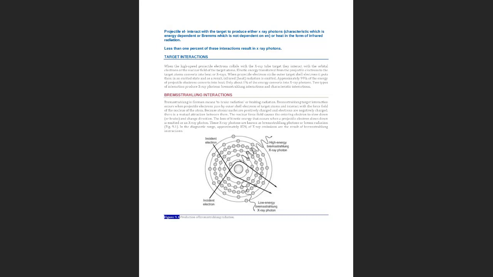And we can either have Brems X-rays or characteristic X-rays, or we can have heat. All of those things are generated within the X-ray tube, and all of them are a result of a projectile electron's interaction with the target atom.